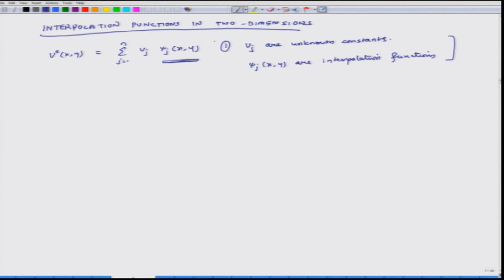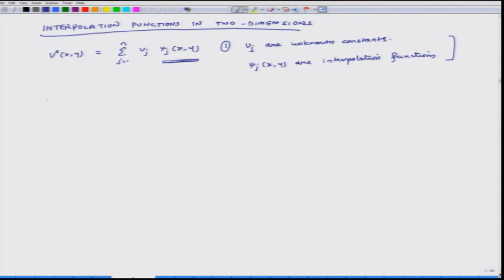As we are developing these functions, we have to make sure that some important conditions are met, and we had discussed these conditions also when we were doing our 1D formulation.